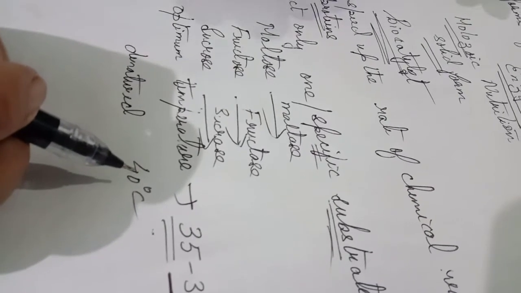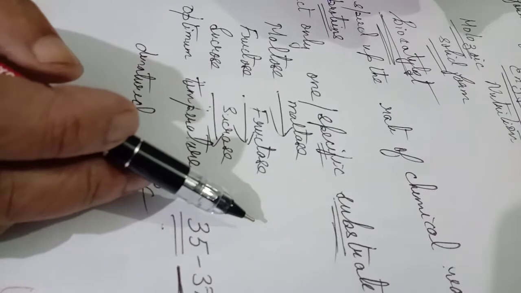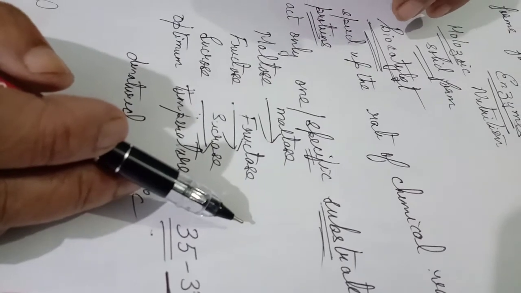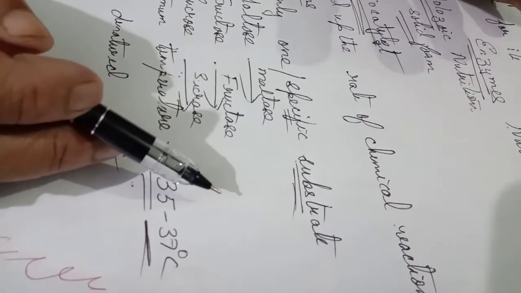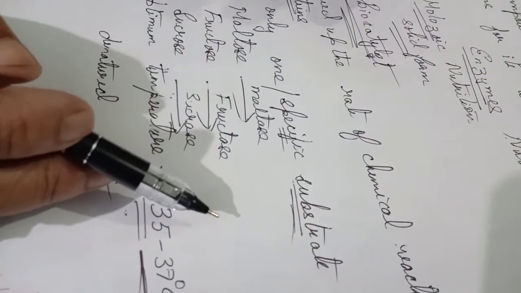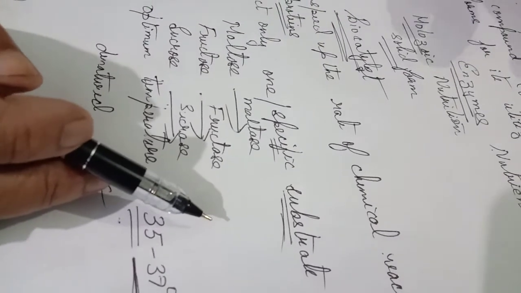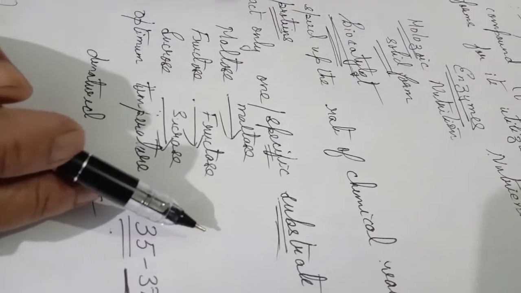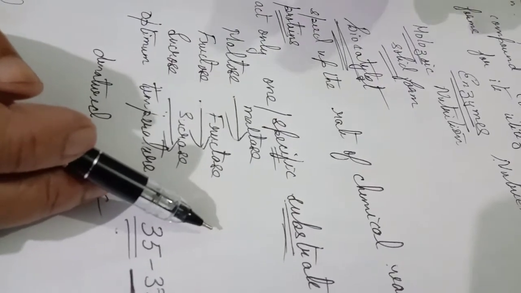And therefore, what happens? That's why you find that foods which are kept in a refrigerator can be stored for a longer duration, because at a very low temperature, the enzyme activity becomes inhibited. When the same food is kept outside, what do you find? The food, usually the cooked food, gets rotten.